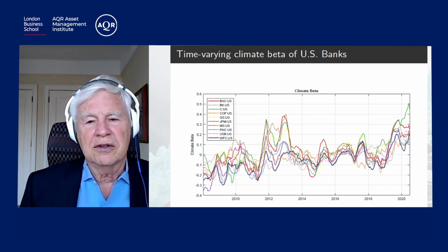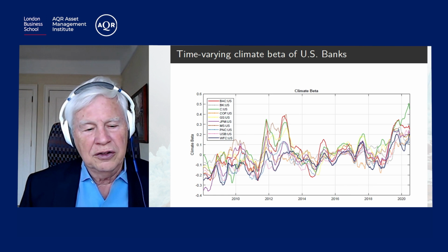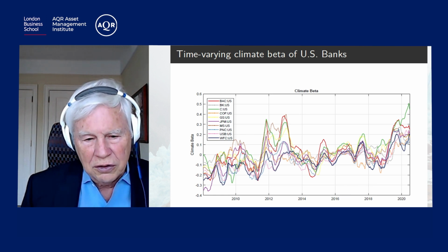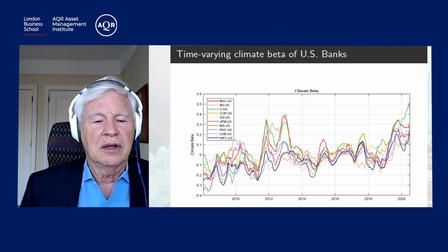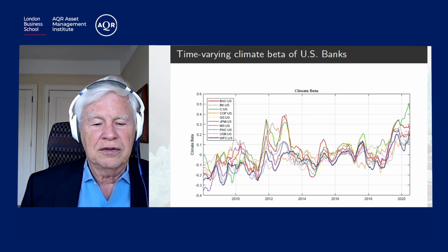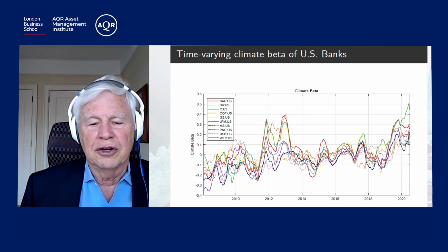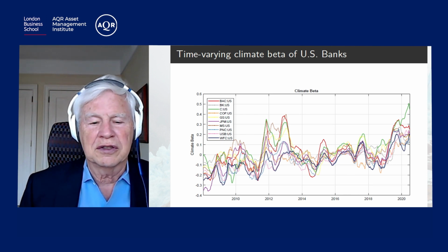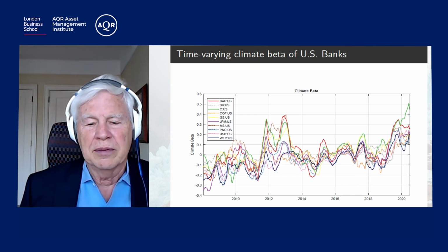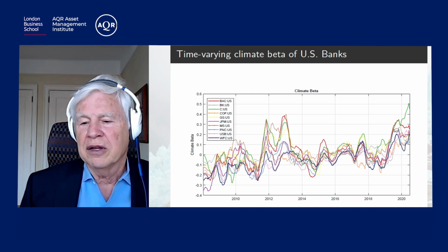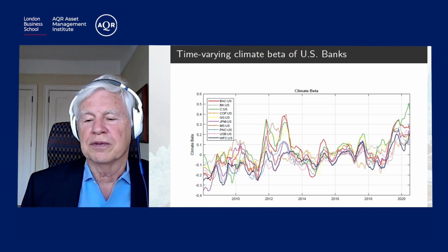So this is what the betas look like in the US, and here is 0. So what you see is, if you go across here, the large US banks have betas which are often less than 0 here, which means that the stress isn't really going to impact the banks particularly, but at the end it rises quite substantially.